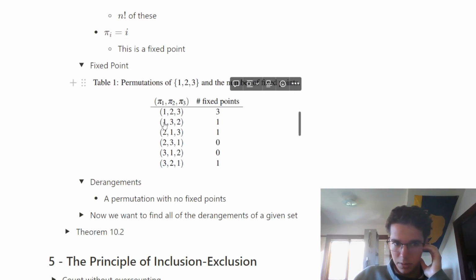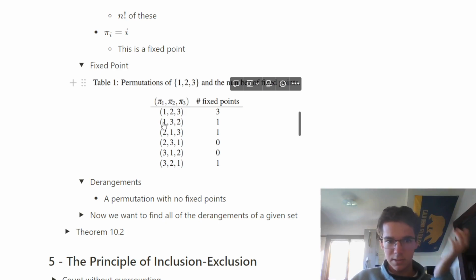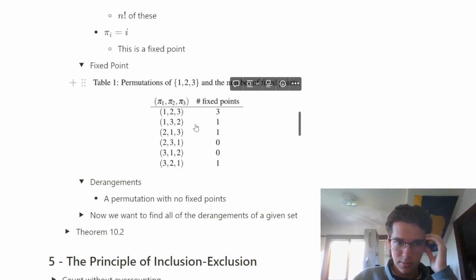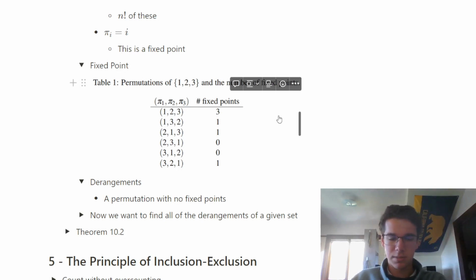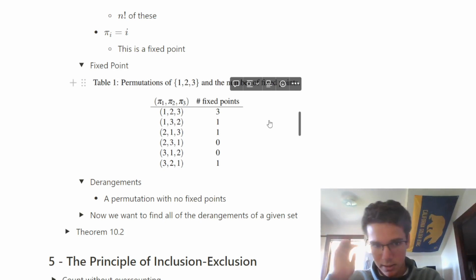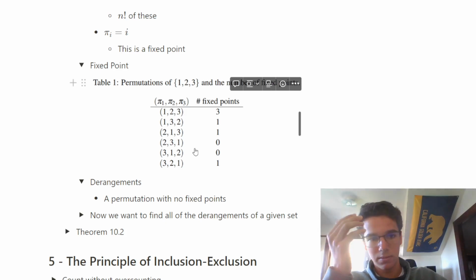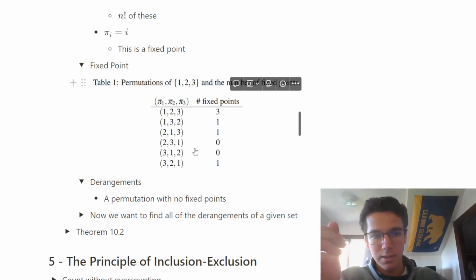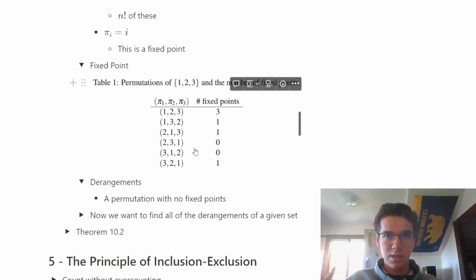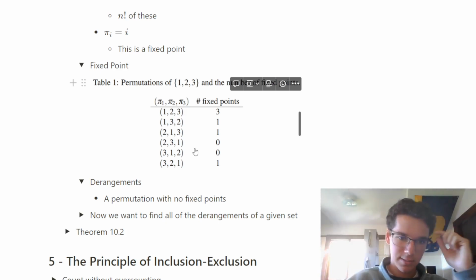Clearly it's 1, because 1 is in the first position, and then there's 3 and 2. Here, 3 fixed points, all of these are in their proper position. And here are some examples with 0 fixed points. None of them are in the right spot, or in the spot that they correspond to in S.